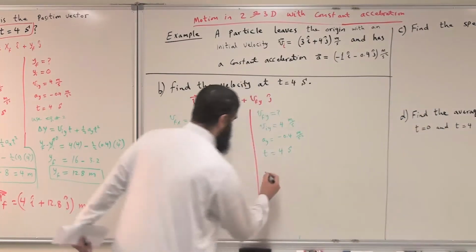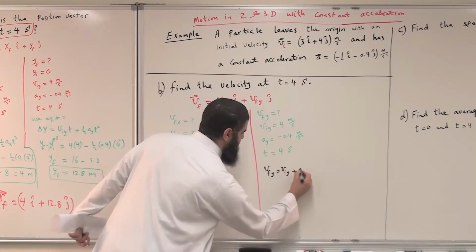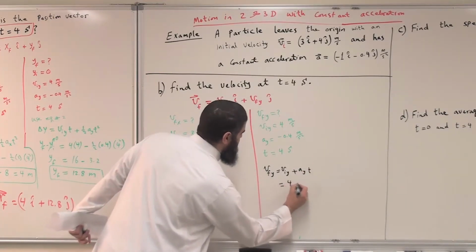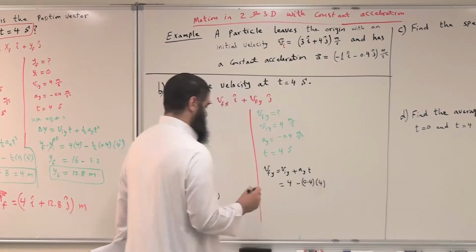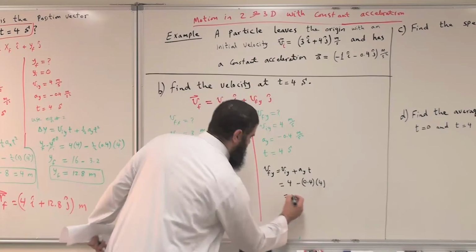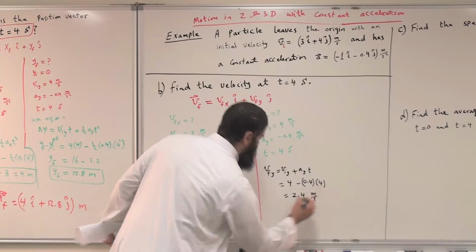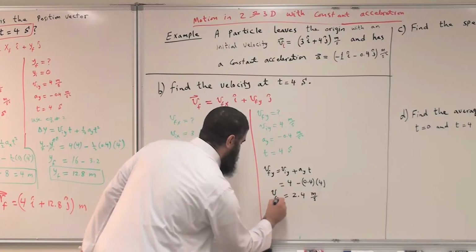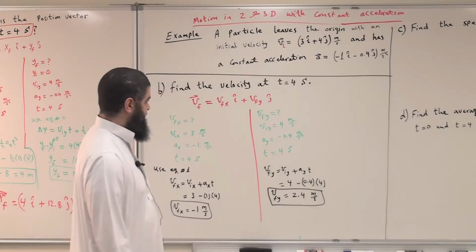So v final in the y direction equals v initial y plus a_y t. This is unknown. V initial y was 4 minus 0.4 multiplied by 4. So this is 4 minus 1.6, and this is 2.4 meters per second, and this is a positive quantity. So v final y is positive, and it is 2.4 meters per second.